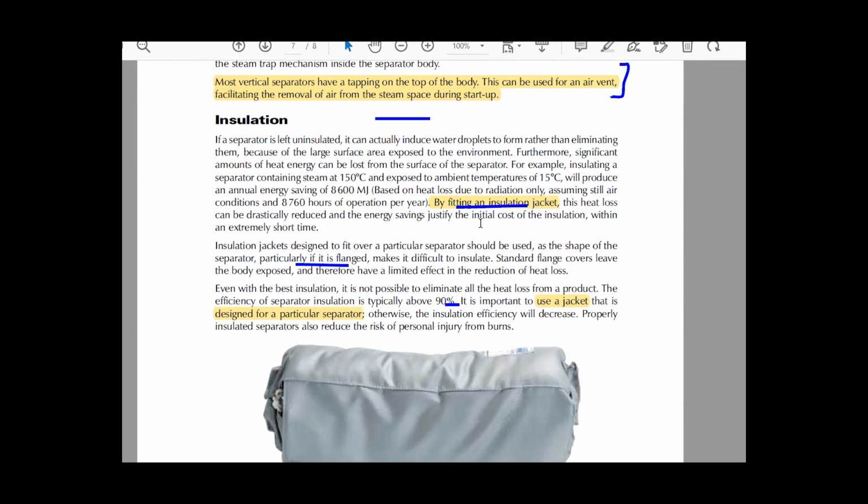If you have an uninsulated separator, you will collect more and more water, and you may get wet steam at the inlet and wet steam at the outlet, due to the lack of insulation and a higher percentage of condensation of steam. It makes your efficiency very low. So you have to insulate the separator to give it good efficiency. So I use an insulation jacket that's designed for the particular separator.